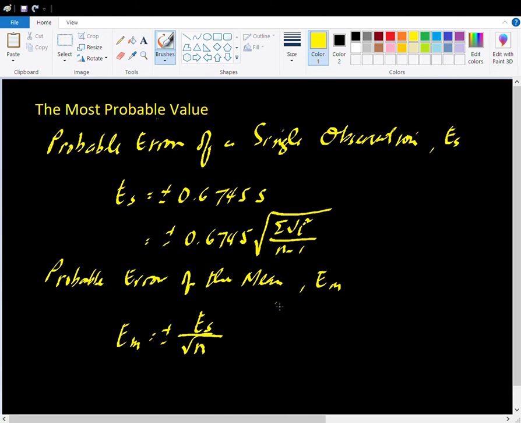The probable error of the mean of a number of observations of the same quantity is simply the error of a single observation divided by the square root of the total number of observations. This is the error we can expect of the most probable value.